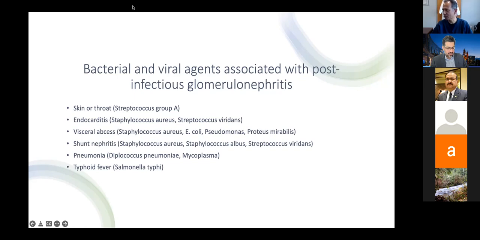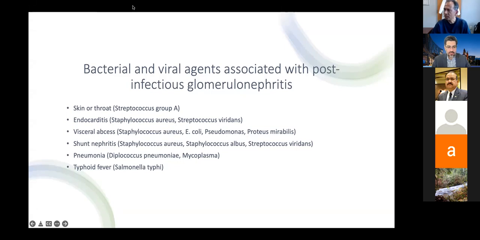That happens a couple of weeks after the infection, either pharyngitis or skin infection. Similarly, staphylococcus also triggers antigen, which causes an antigen-antibody reaction. But in that case, the antigen-antibody formation is in the serum, and it is deposited in the glomerular basement membrane, which triggers the complement system and then causes inflammation.